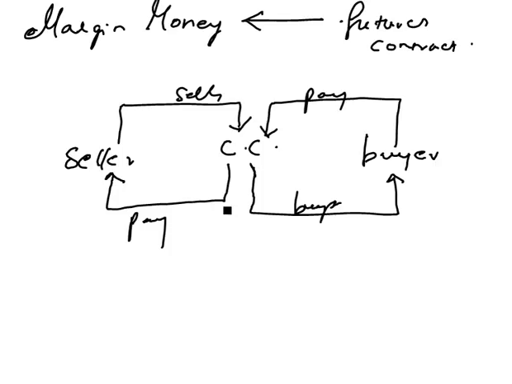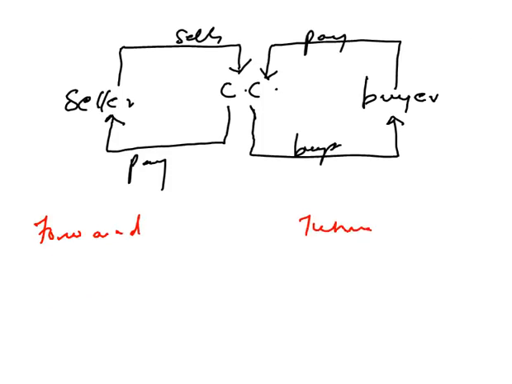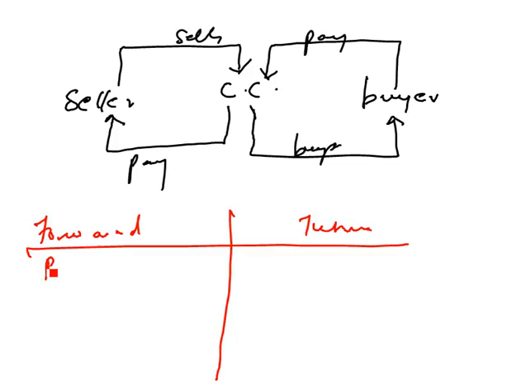So let's see what is the major difference between the forwards and the futures. Already we know in the case of forwards we have contracts that are privately negotiated. In the case of futures, they are traded on the exchange.